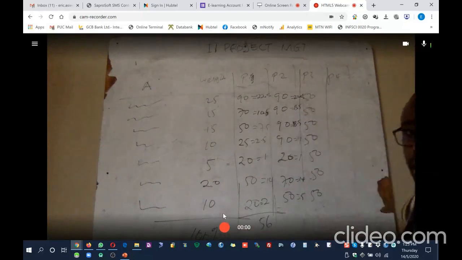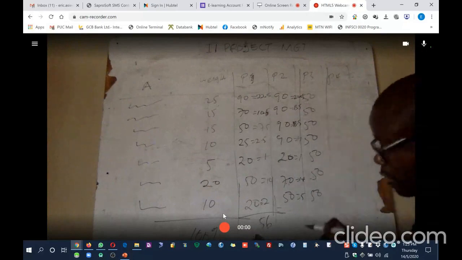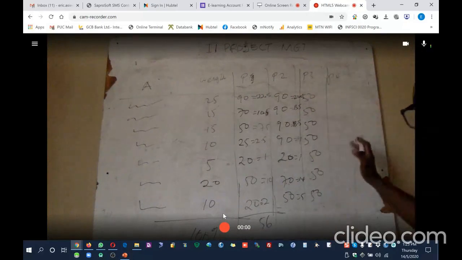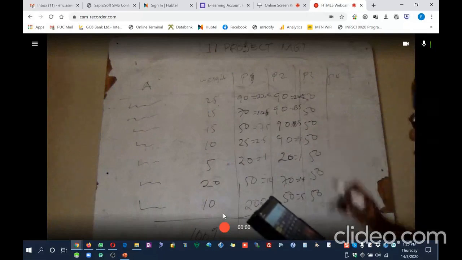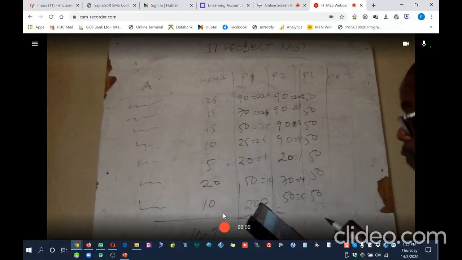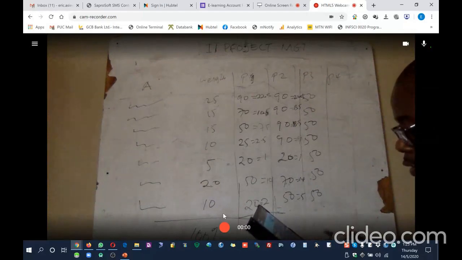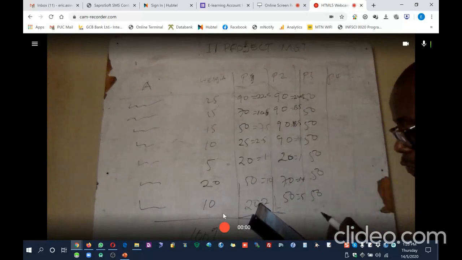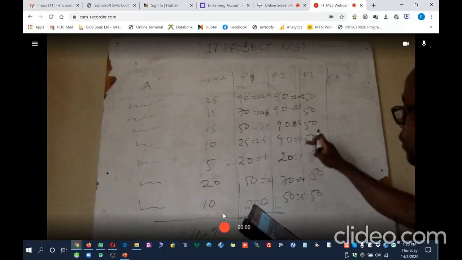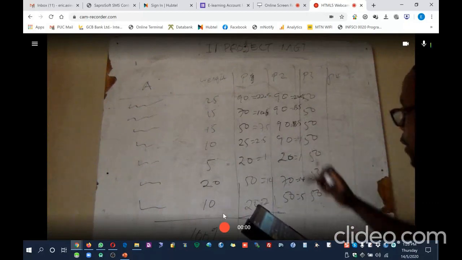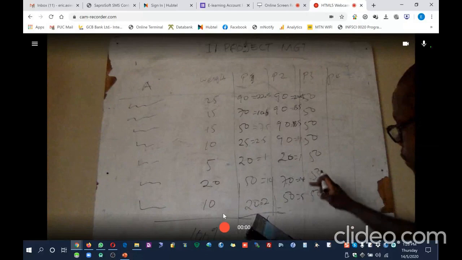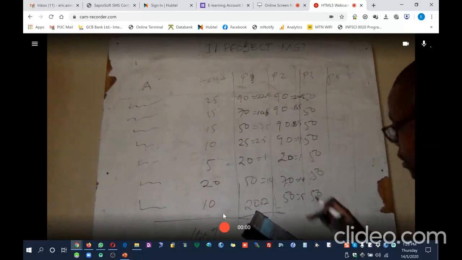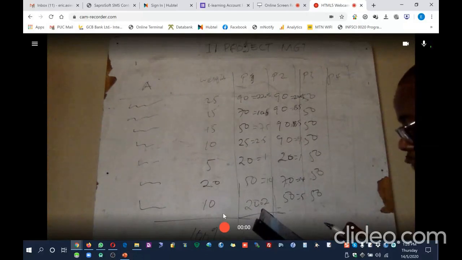Let's sum them up together and see what we get. The rest you can do yourself. You see how simple it is. So now it becomes 22.5 plus 22.5 plus 13.5 plus another 13.5 plus 9 plus 1 plus 14 plus 5.